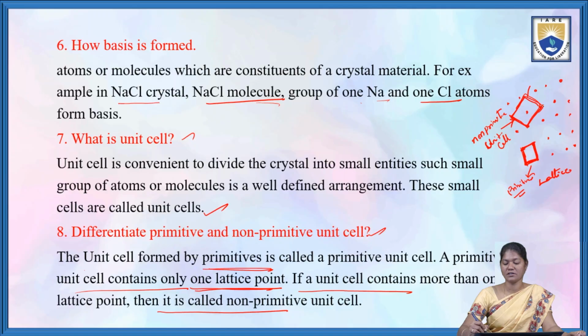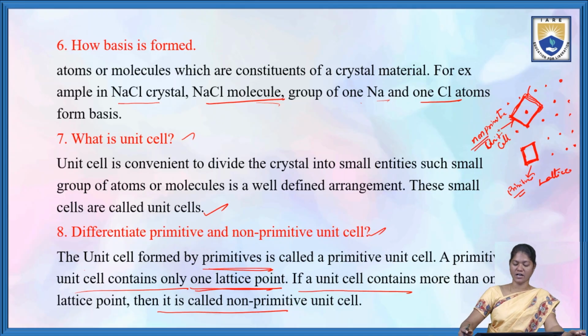Along with the corner atoms, there is one more atom at the center of the unit cell. So that's why two atoms, two lattice points, are there. That's why this is non-primitive.